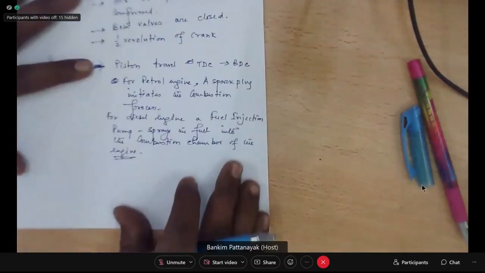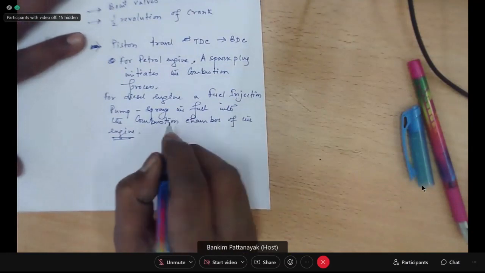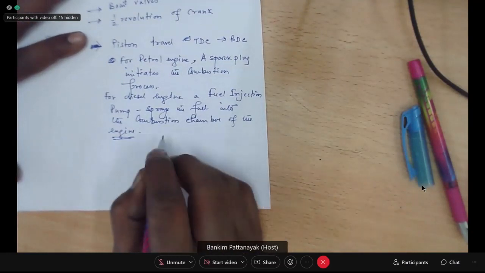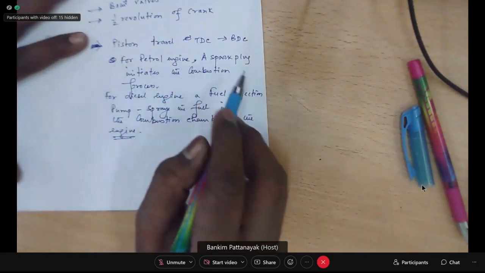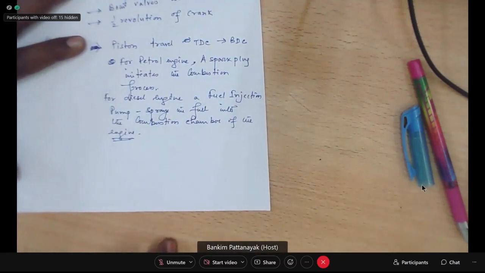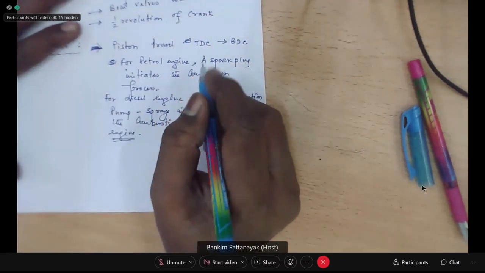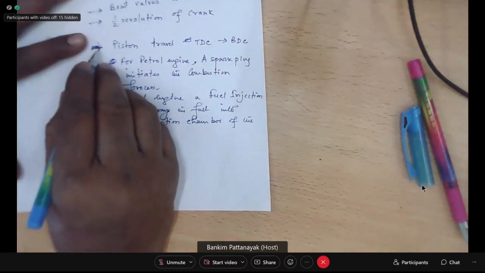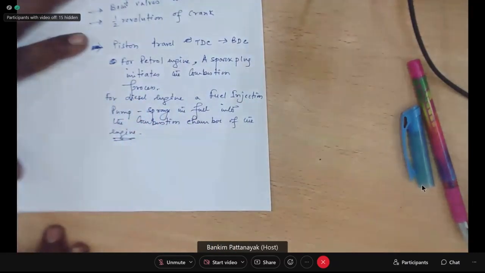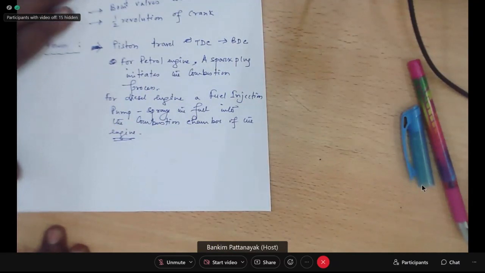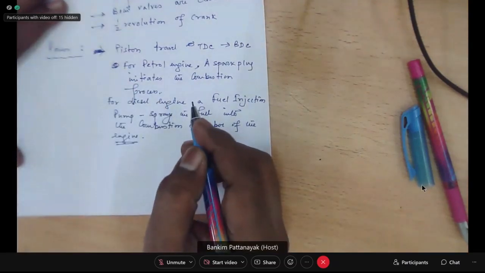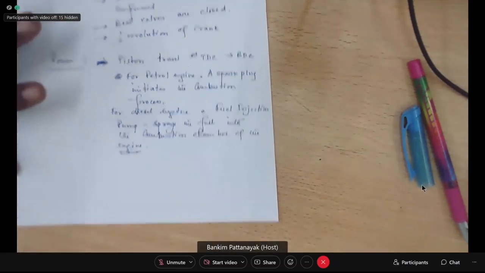In a diesel engine, the fuel injection pump sprays the fuel into the combustion chamber, and in a petrol engine, a spark plug ignites it so that the combustion takes place in a flash, and with that thrust, it forces the piston down towards the bottom dead center. So this is the power stroke.